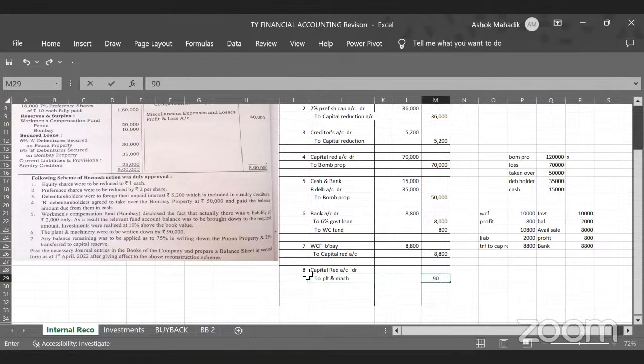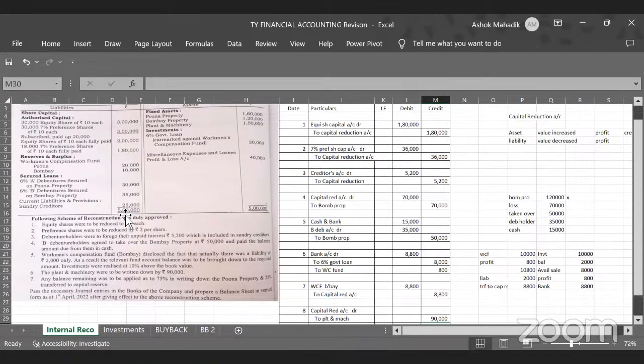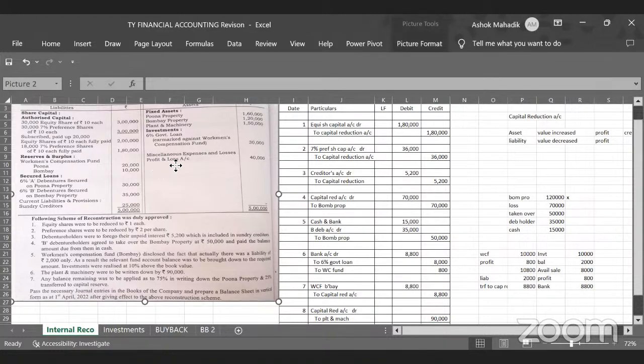90,000. See, in every sum on the balance sheet asset side, there will be some items which are fictitious or bogus, which doesn't actually reflect as an asset. See P&L account on the asset side under miscellaneous head. Although it's there on the asset side, it is not an asset; it's a loss.